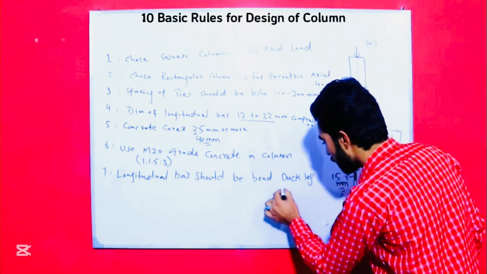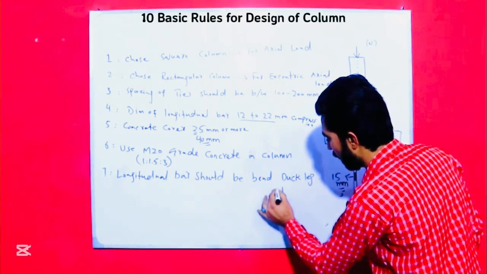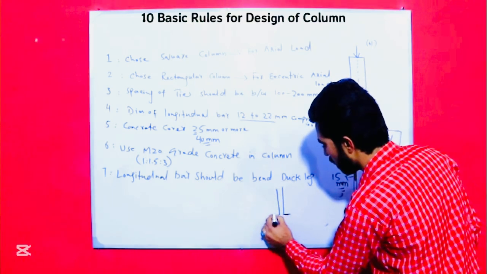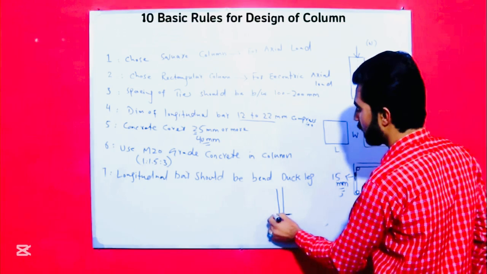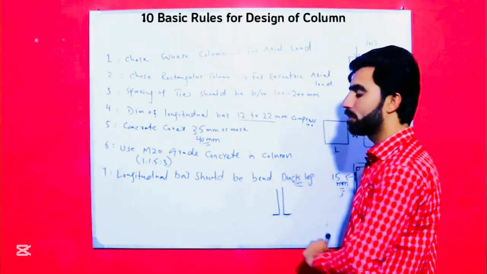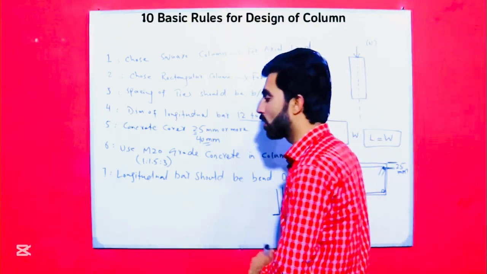As you can see, this is the longitudinal bar, so at the foundation it should be bent like this. It should be bent like a duck leg. This is the seventh basic rule.